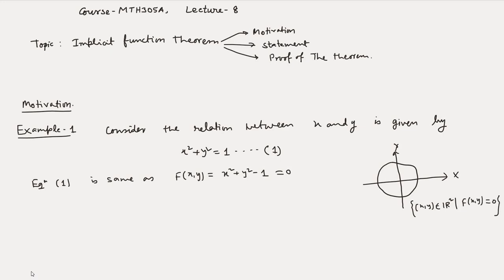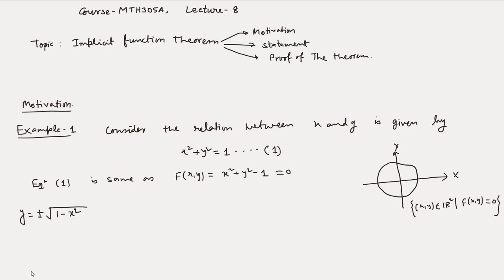Now note that y equal to plus minus square root of 1 minus x square. So here we have two equations, y equal to plus square root of 1 minus x square, and y equal to minus square root of 1 minus x square.